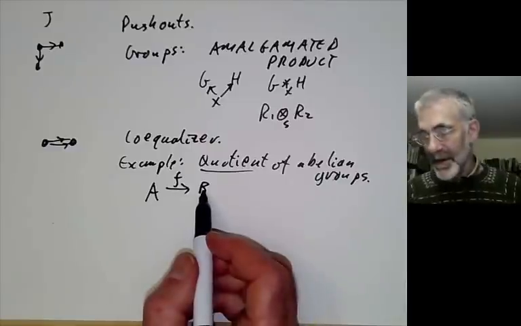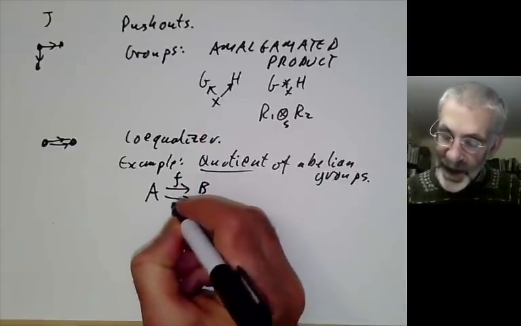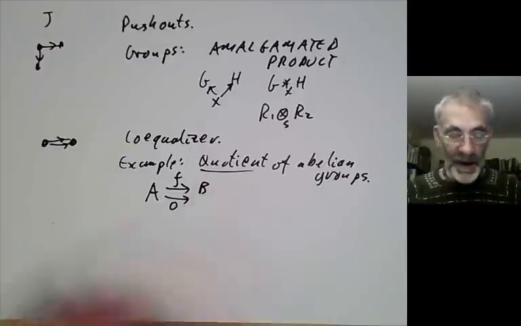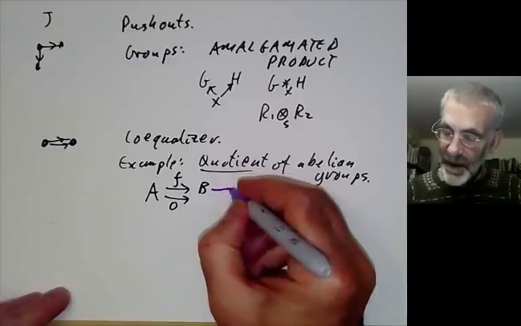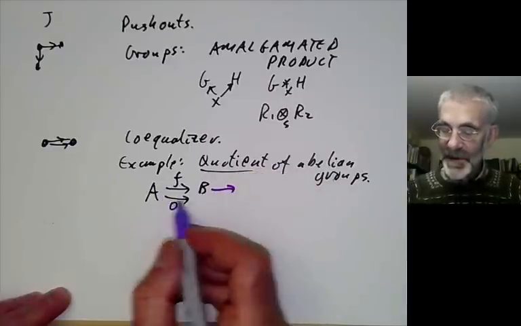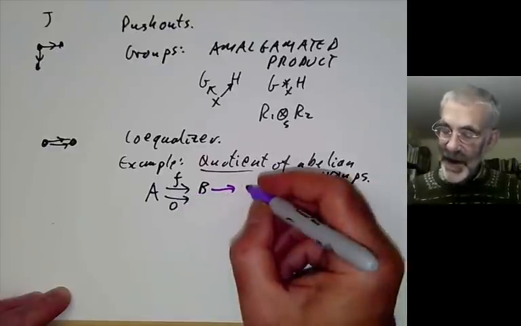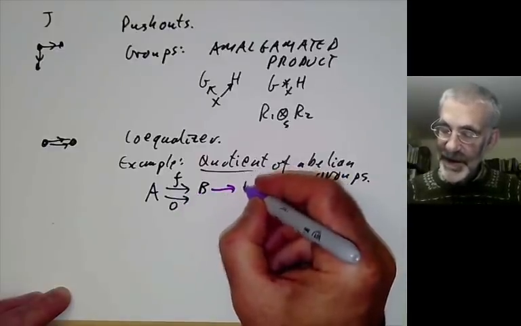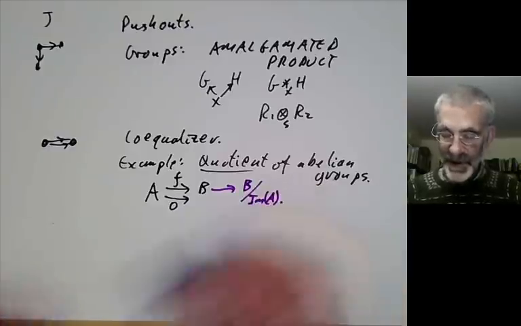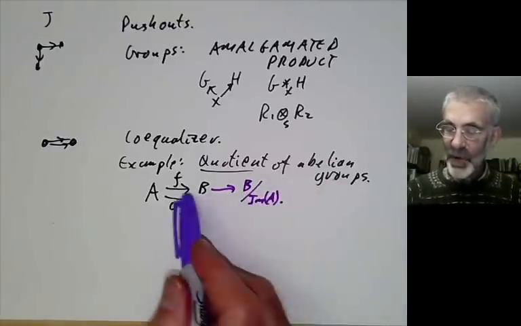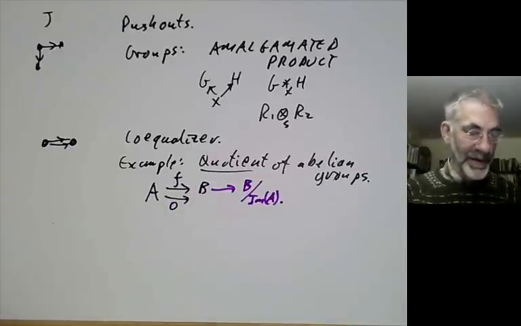Maybe A is a subgroup of B, doesn't really have to be, but then you take a second map 0 and you take the coequalizer of this, which means you're mapping B to something such that you force these two morphisms from A to B to be the same. And you see the universal way of doing that is to take B over the image of A as a quotient group. So coequalizers are more or less the same as quotients, or sometimes called co-kernels.